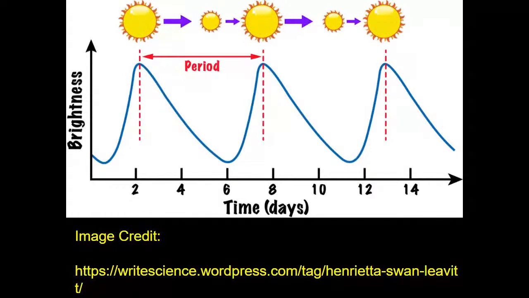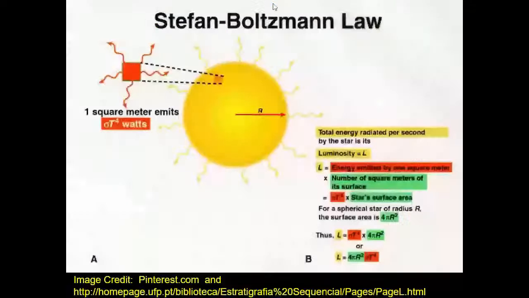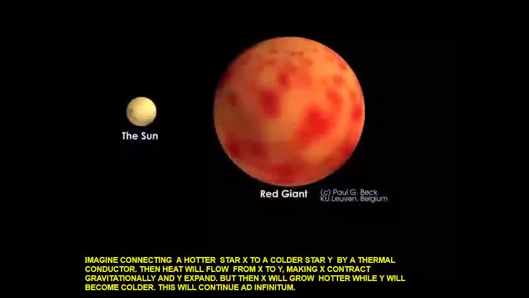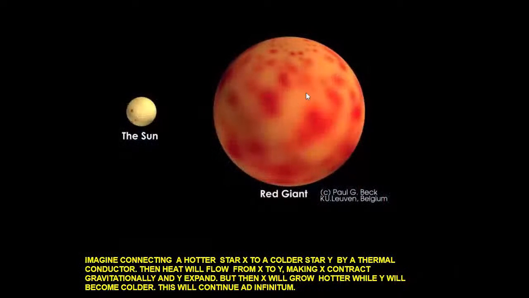Okay, so suddenly it becomes hot, and from small size it expands. When it expands, it becomes cooler, and again it contracts, and so on. So dynamics of Cepheid variable is somewhat complicated.